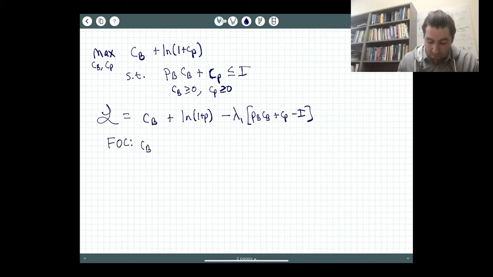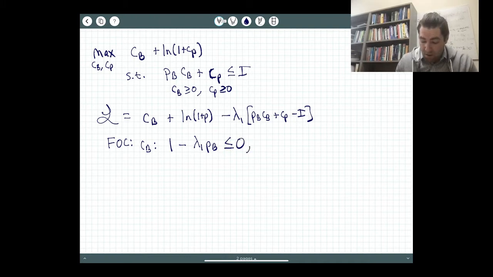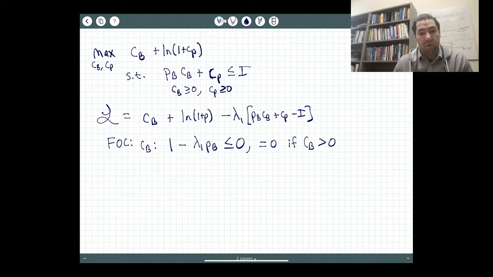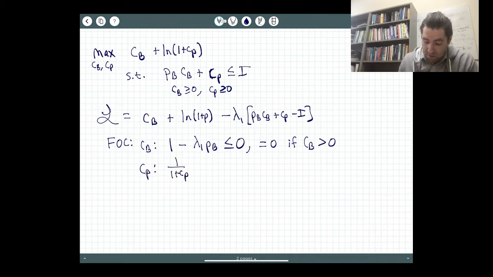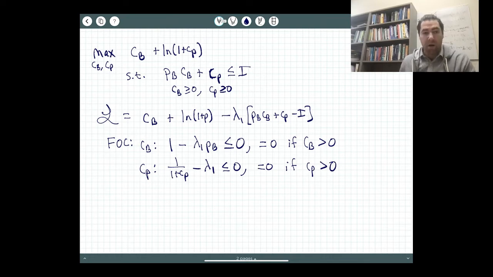With respect to CB, I'm differentiating the Lagrangian with respect to CB, and we just had 1 minus lambda 1 times PB is less than or equal to 0, and it's equal to 0 if CB is strictly positive, but the derivative could be negative if CB is equal to 0. First order condition for CP: we have 1 over 1 plus CP minus lambda 1, again less than or equal to 0, equal to 0 if CP is strictly positive.